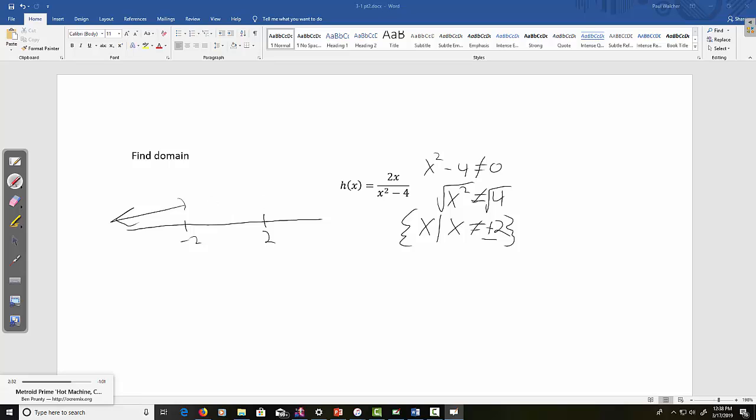I can have anything in between negative 2 and positive 2, so that would be this interval. And I can have everything to the right of 2, so that would be this interval. So interval notation would be negative infinity to negative 2, then we would have negative 2 to 2.